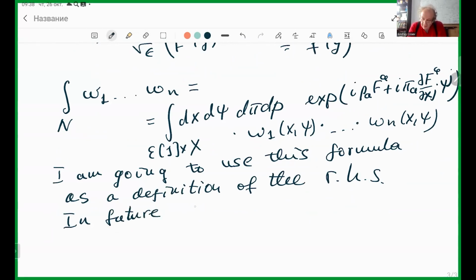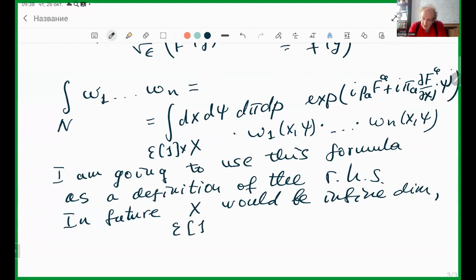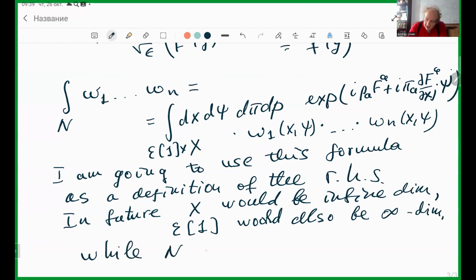In future, X would be infinite dimensional, E1 would also be infinite dimensional, while N will still be finite dimensional.